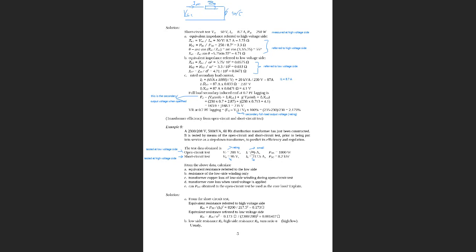That's the core excitation, right? And the open circuit power is the core losses.